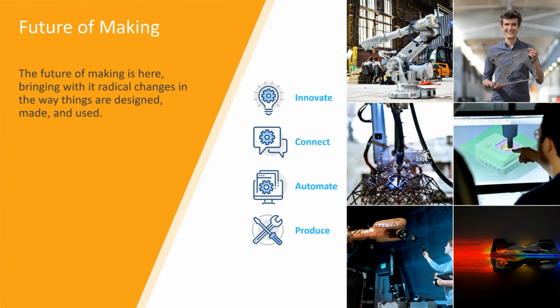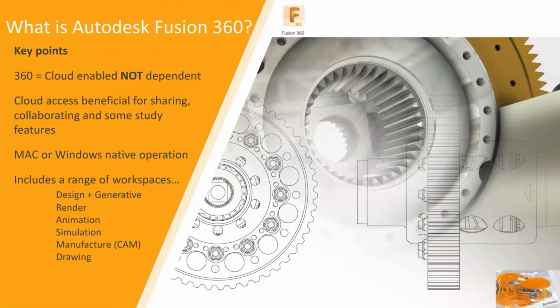So when we talk about Fusion 360, what is it? Well, basically, it's a cloud-enabled CAD software package. It's obviously a lot more than that as well, in the sense that Fusion 360 also has tools for generating toolpath. So if we want to do some CAM type processing, we can do that within Fusion.